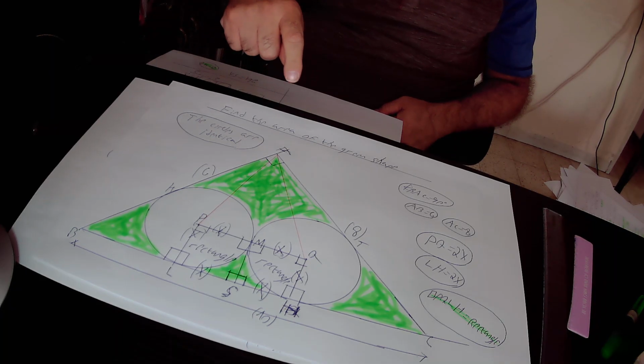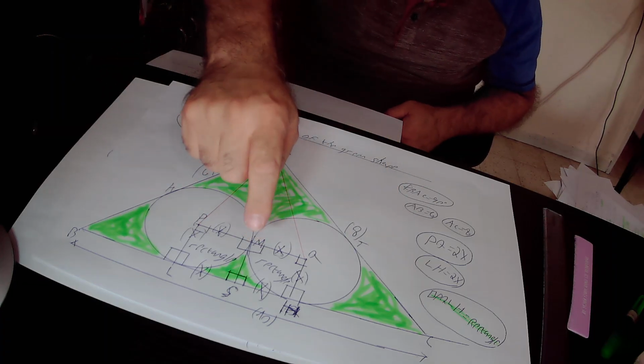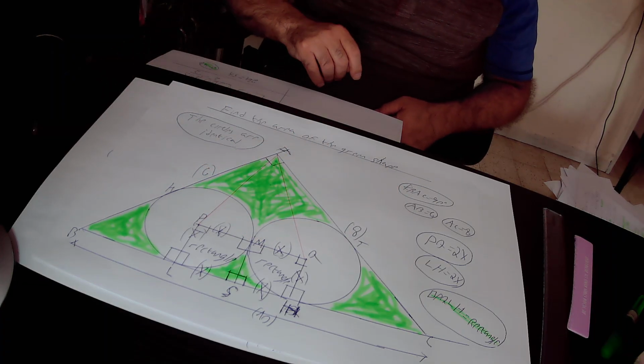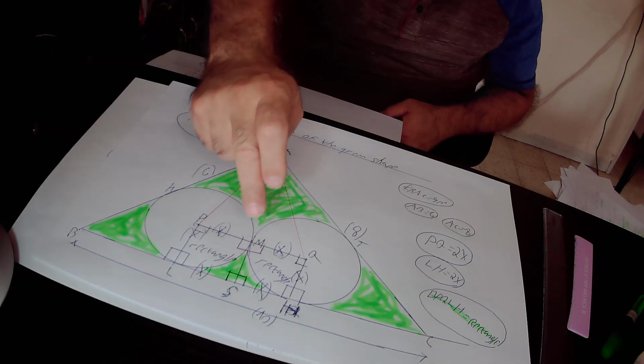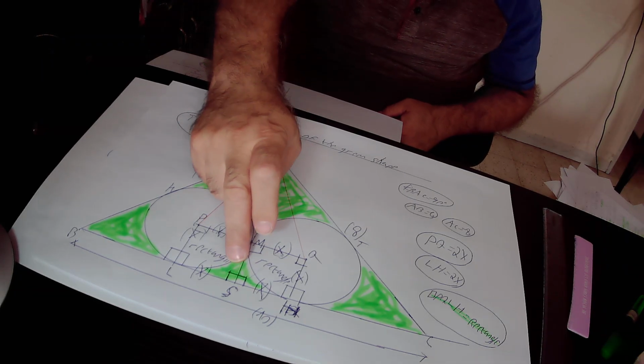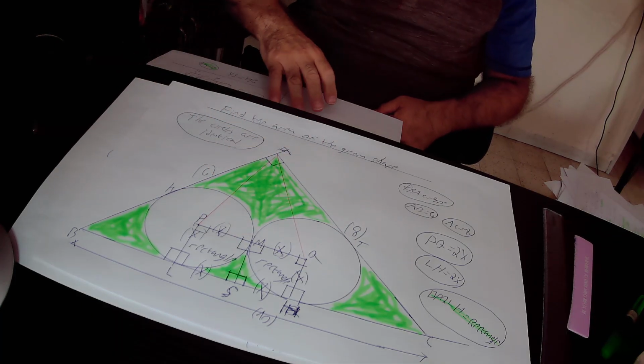So triangle ABC equals the base BC times the height to the base BC over 2. We define this perpendicular as h. So it is BC times the height h over 2.